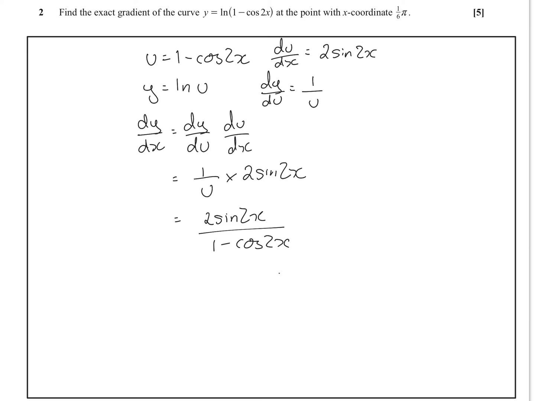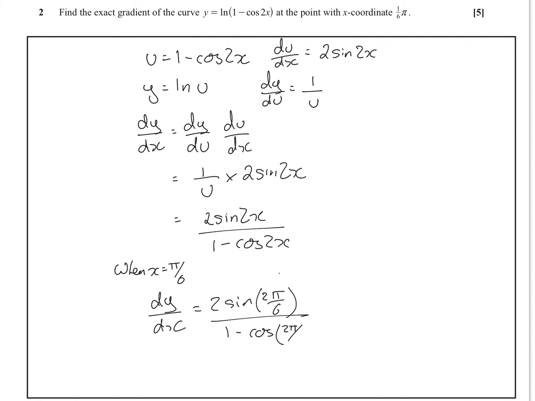Okay, and it says find the gradient when x is pi by 6, exact. So we just sub in the pi by 6 into that. So dy by dx equals 2 sine 2 pi by 6 over 1 minus cos 2 pi by 6.